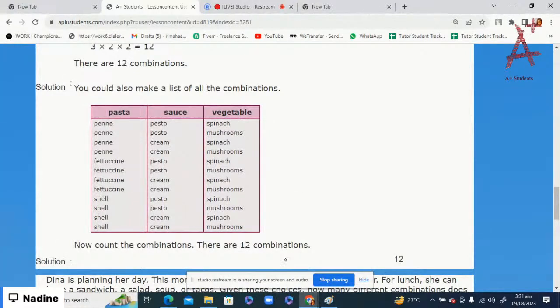How many sauces? Cream sauce, pesto sauce, 2 sauces, and vegetables that are spinach and mushrooms for each one. Okay, just write the combinations: penne with pesto, then with spinach, then penne with mushrooms, then penne with cream with spinach, and cream with mushrooms.